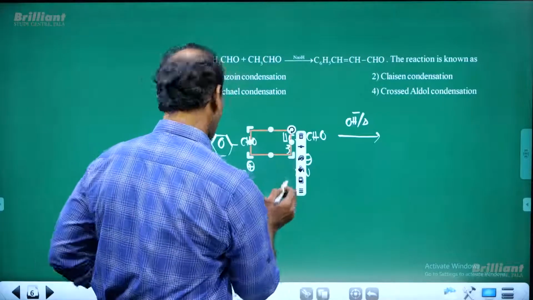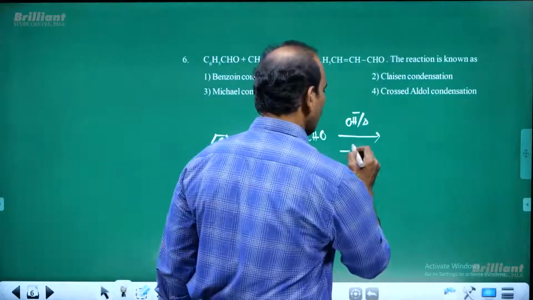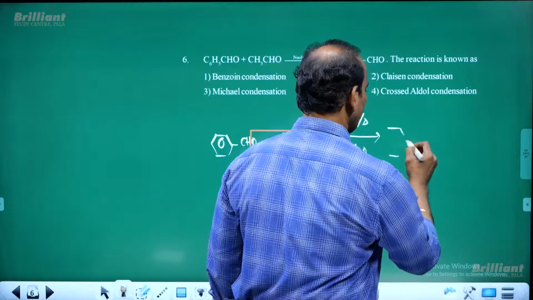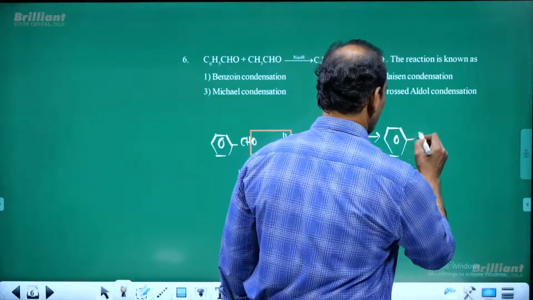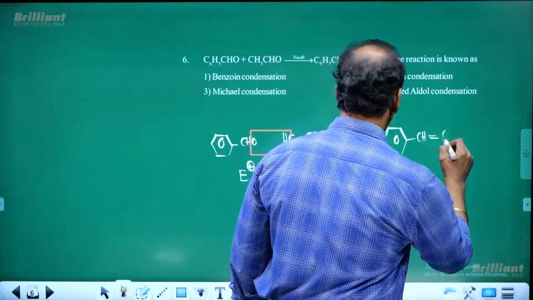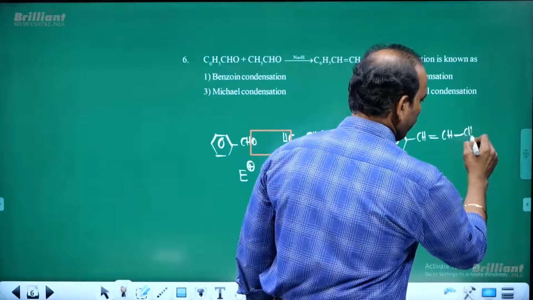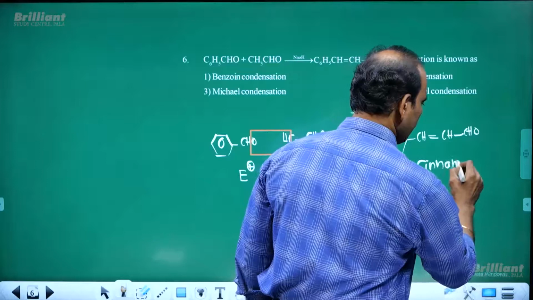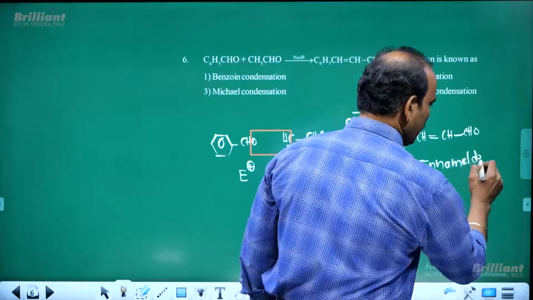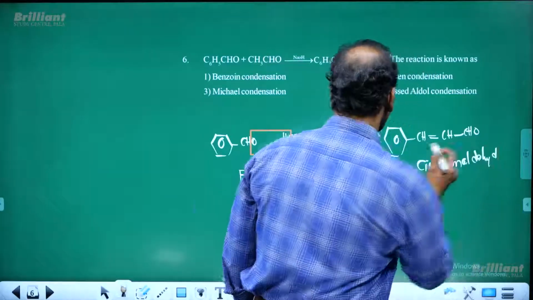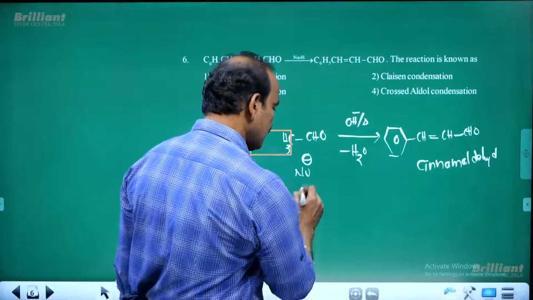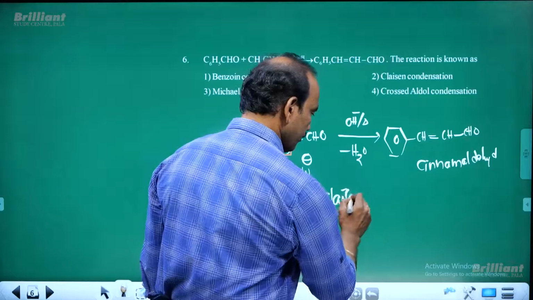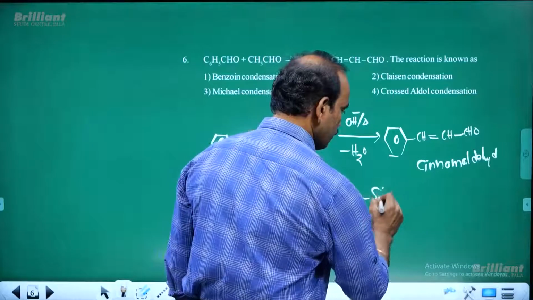These two alpha hydrogens are removed, minus H2O, to form cinnamaldehyde. This is cinnamaldehyde. This is a cross reaction. Especially, this reaction's name is the Claisen-Schmidt reaction.